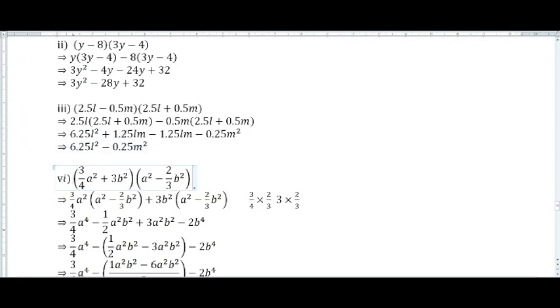Then 2.5 times 0.5 gives 1.25 LM, plus and minus 1.25 LM, which cancel. Then minus 0.5 times 0.5 gives 0.25 M square. So the answer is 6.25 L square minus 0.25 M square. That's the answer.